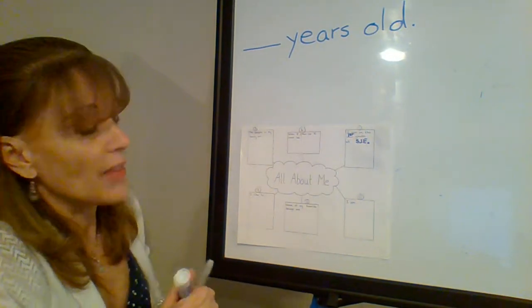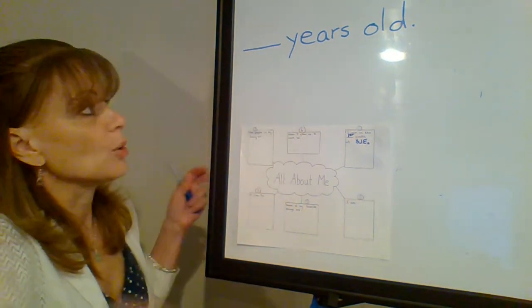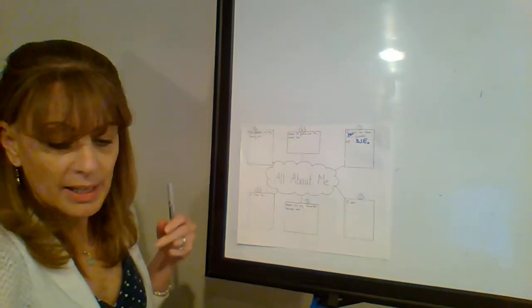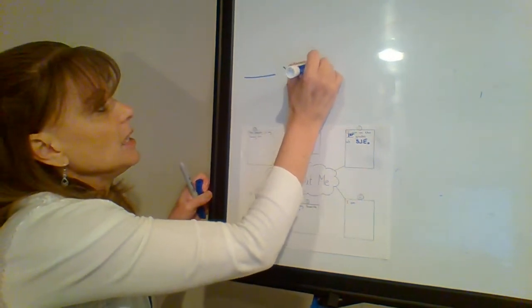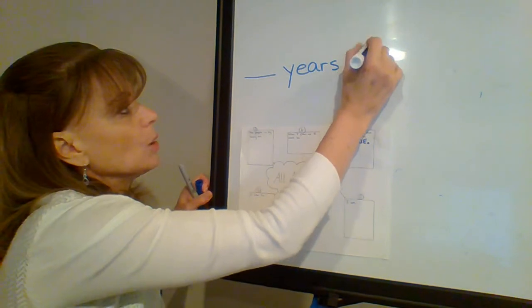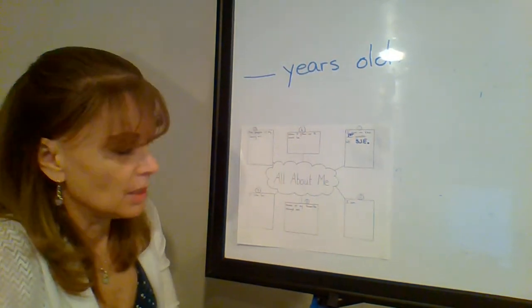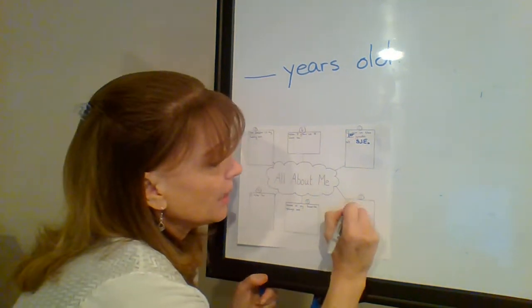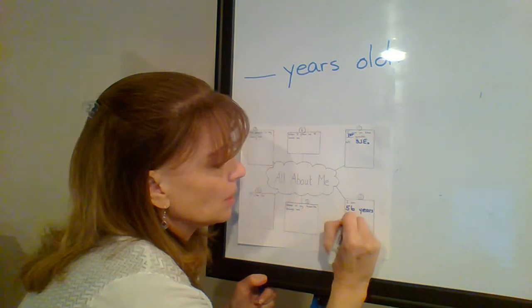Okay? And then on that line, rather than putting a line there, you're just going to put the number in. I'm going to write it a little bit lower. I am blank years old. And write neatly, because you're going to be copying from this. So I am 56 years old.